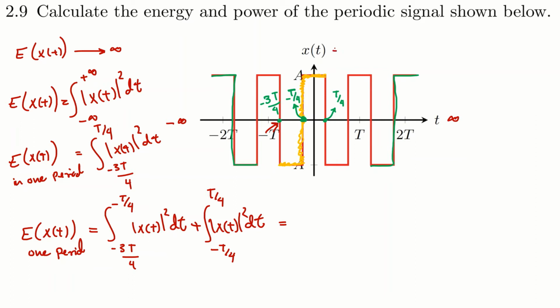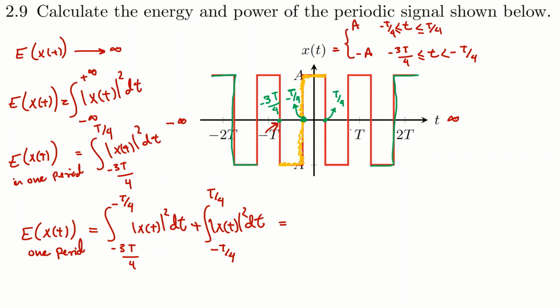The definition for x(t) is x(t) equals A if t is between minus T over 4 and T over 4, and is minus A for t between minus 3T over 4 and minus T over 4.